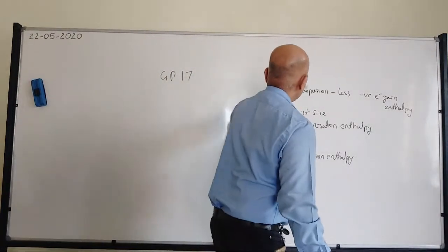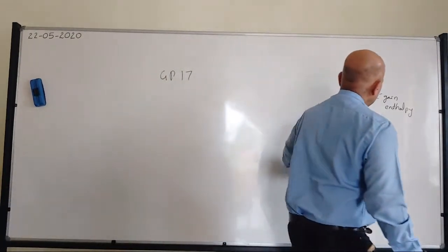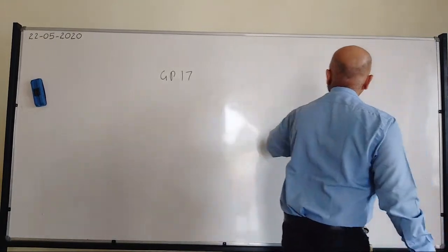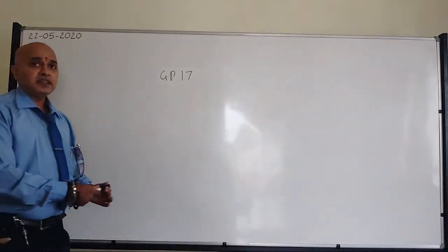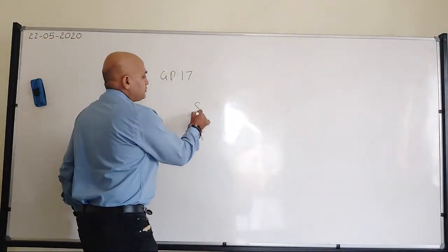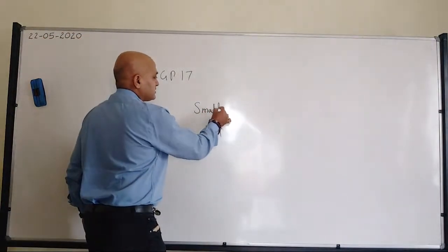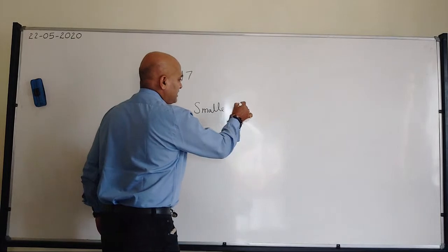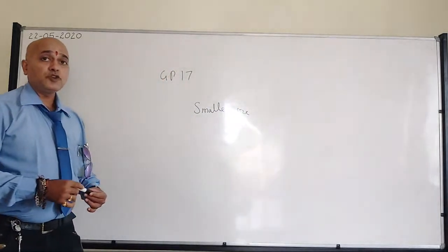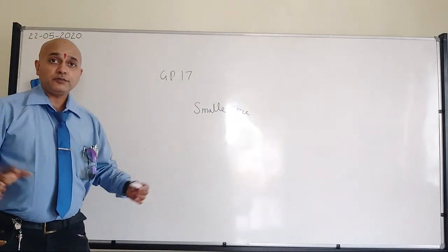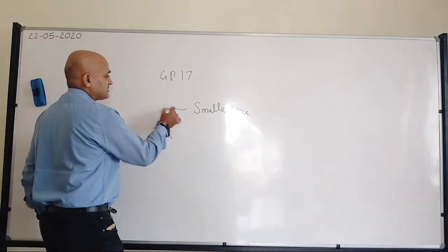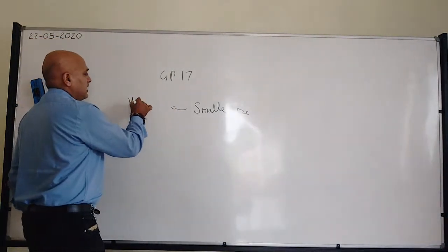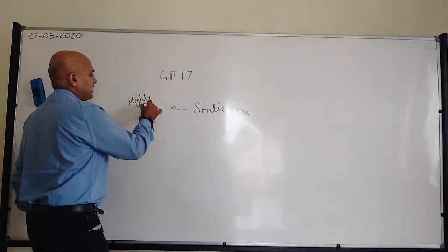But before that, I will summarize whatever we have discussed to avoid confusion. Now, due to the smaller size, one reason makes so many properties of fluorine different from other halogens. So, smaller size will make fluorine highly electronegative.